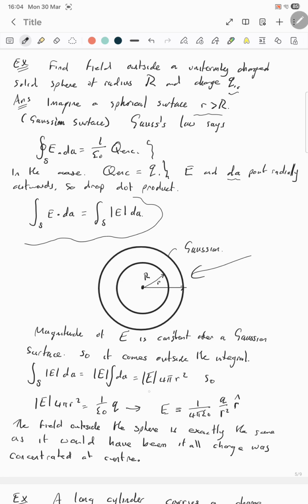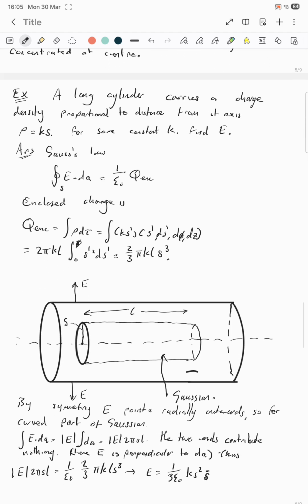So you pull the electric field out, and integrating over our area element here, we just get 4 pi r squared, so we can divide through and we will get this here for our electric field. So the electric field outside the sphere is exactly the same as it would have been if all the charge was concentrated at the centre, and that's effectively Gauss's law.